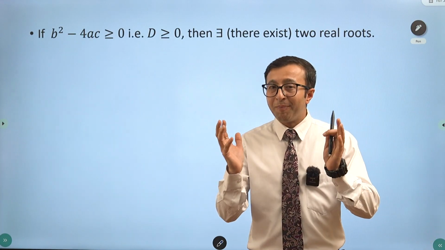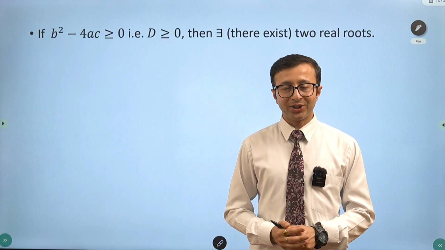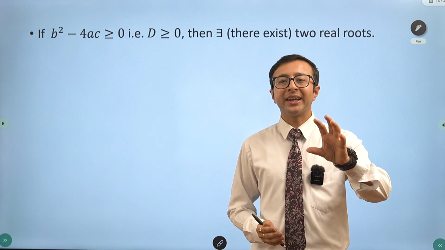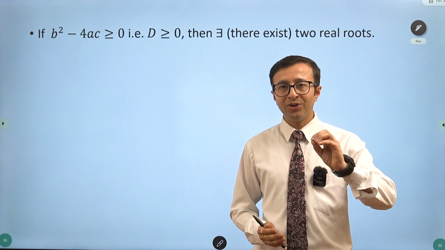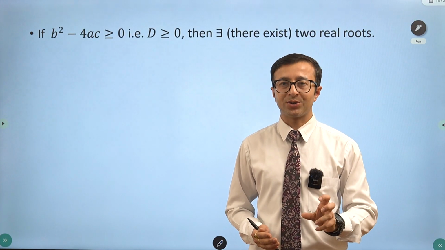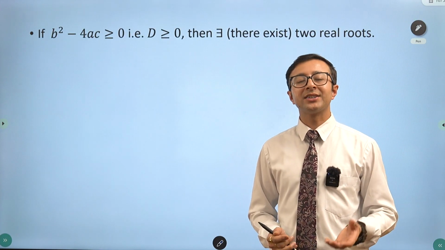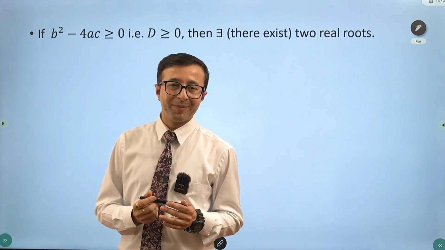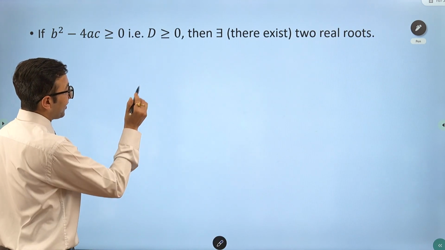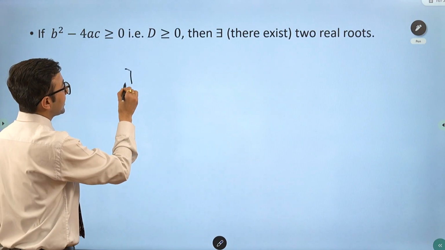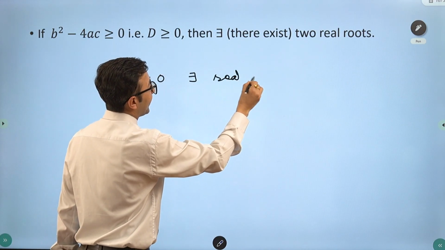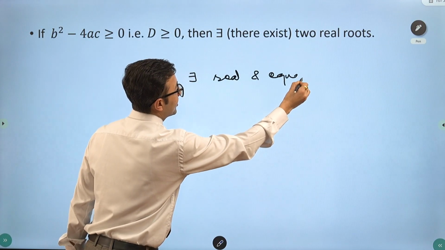So by combining the nature of the roots: if the discriminant is greater than or equal to 0, there exist real roots. If the discriminant is 0, there exist real and equal roots.